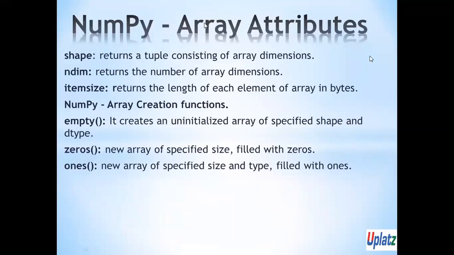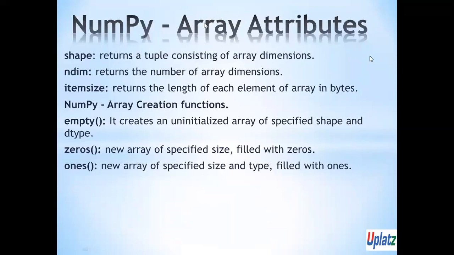After that, you can create arrays. You can see the attributes of an array in the slide. What are the array attributes? The shape, ndim, itemsize, and so on. The array creation functions like empty, zeros and ones are very useful. So what is a shape?